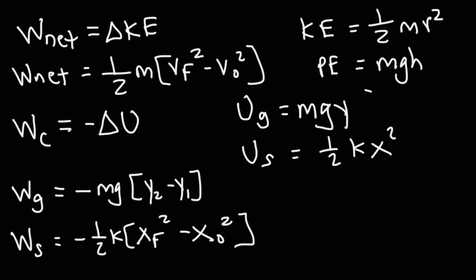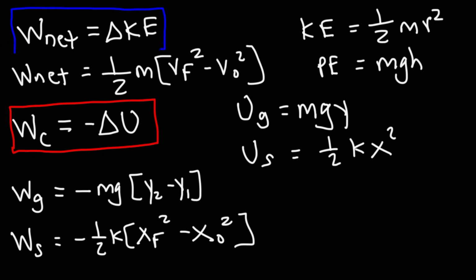So basically we're using these formulas. The work done by a conservative force is the negative of the change in the potential energy, and the work done by the net force acting on an object is equal to the change in the kinetic energy of that object.